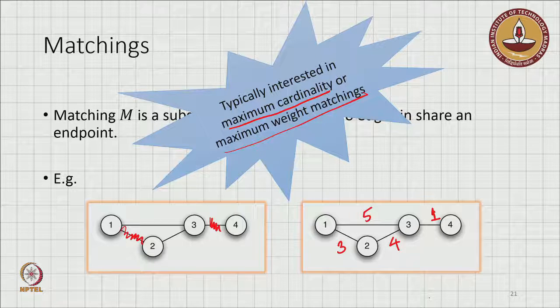If we include 3 and 1, we only get a weight of 4. If we include the edge 2, 3, then also we get a weight of 4. So really the maximum weight matching is just that one edge 1 to 3, and that will give us a weight of 5.